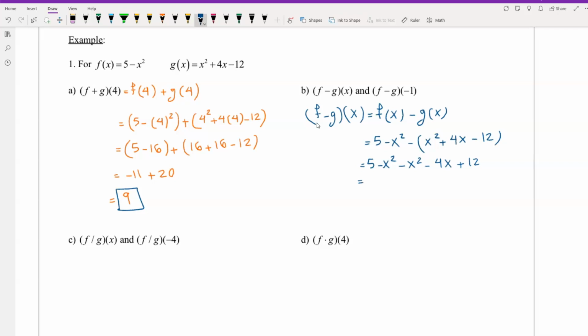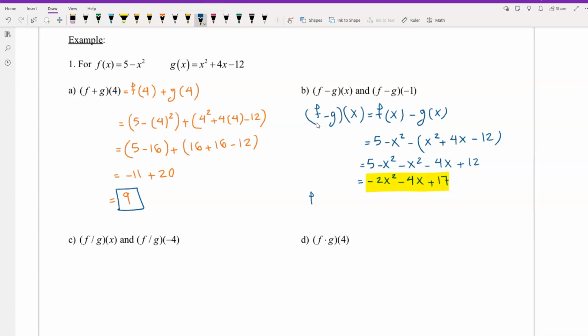So here we combine like terms, negative x squared minus x squared, so we have negative 2x squared minus 4x plus 17. So we have this one for f minus g of x.